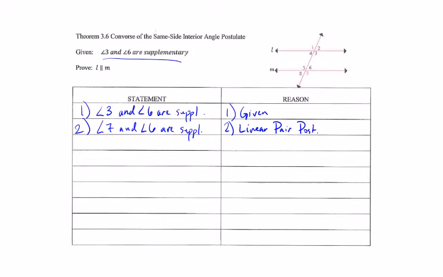All right, and now we can use the congruent supplements theorem to say that 3 and 7 are both supplementary to the same angle, so they must be congruent. So angle 3 must be congruent with angle 7 because of the congruent supplements theorem.